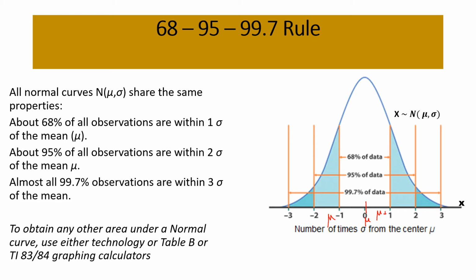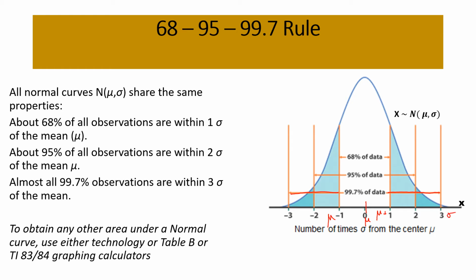And 68% of the data lies between negative 1 sigma and positive 1 sigma. 95% lies between negative 2 sigma and positive 2 sigma. And 99.7% lies between negative 3 sigma and positive 3 sigma.